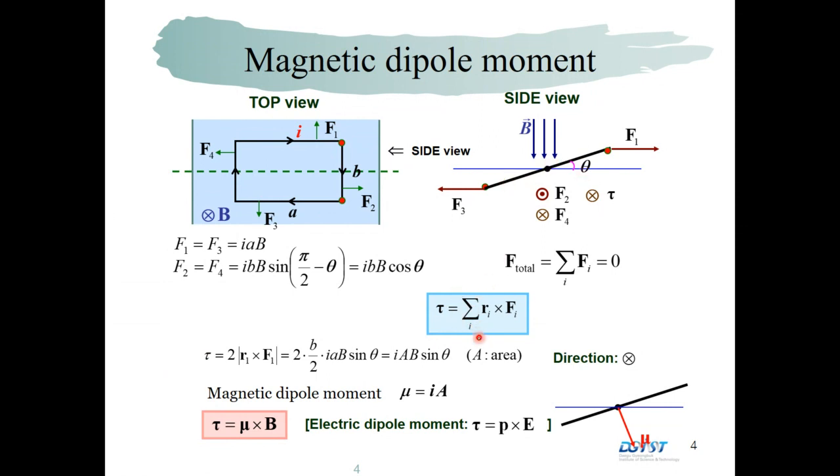By comparing the torque resulting in a dipole moment, we can define the magnetic moment of the current loop as the current multiplied by the area.